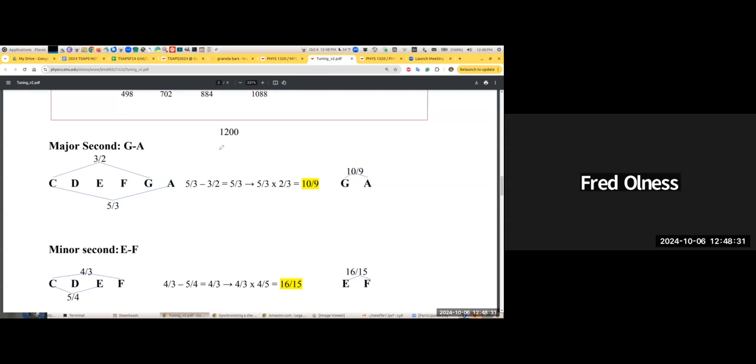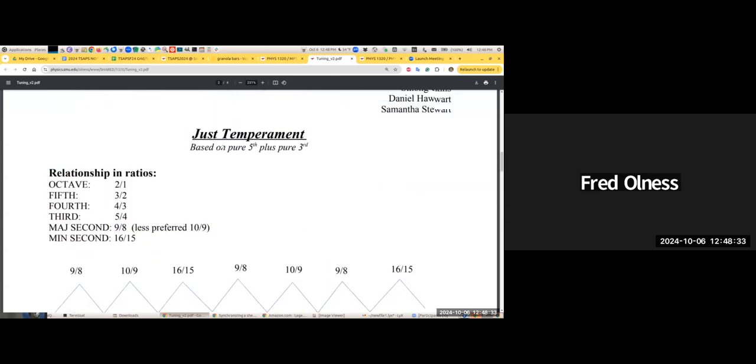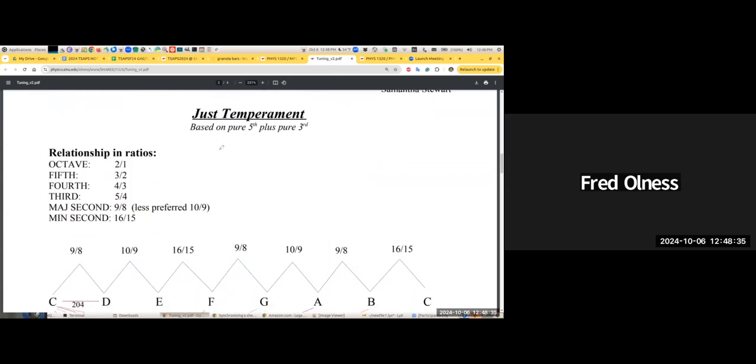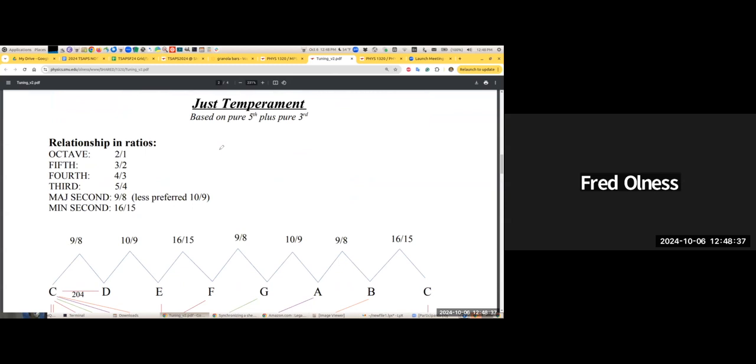So let me recap for the just temperament. What we've tried to do is cheat and get both a pure fifth and a pure third. And we can sort of get that. That's the good thing. It has a good fifth and a good third, and of course the fourth goes along. If there's a good fifth, there's also a good fourth.